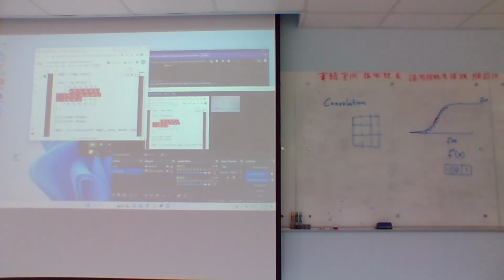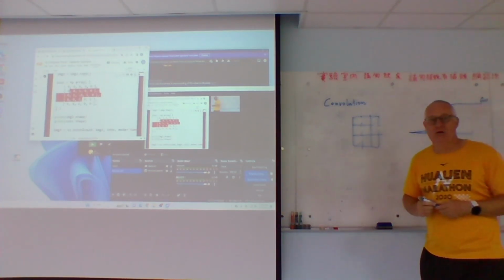So now I want to be able to come up with a convolution mask that allows me to estimate how much that function is going to change. How much the derivative of that function is going to change.